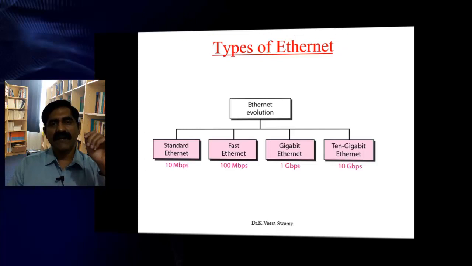Now, what are the different types of cables possible? If you see the Ethernet evolution, once upon a time there was standard Ethernet with a speed of 10 Mbps. Later, it switched to fast Ethernet, 100 Mbps. But nowadays, most of our Ethernets are either gigabit or 10 gigabit Ethernet, of capacity 1 Gbps or 10 Gbps.